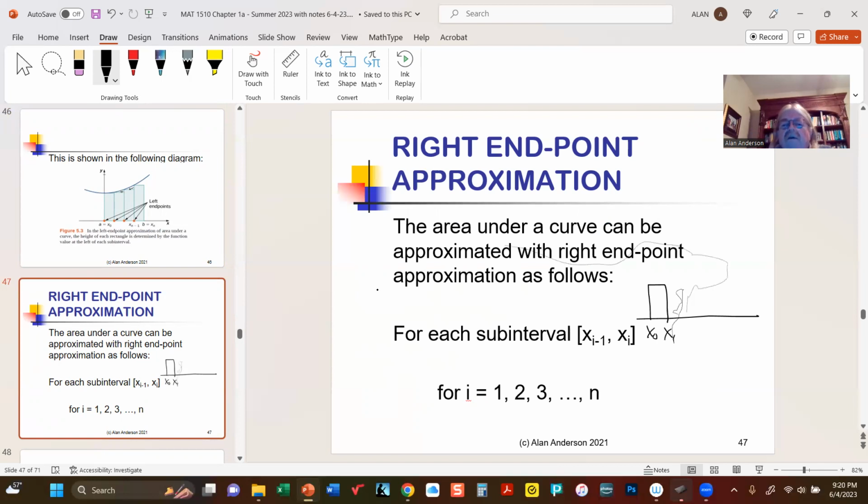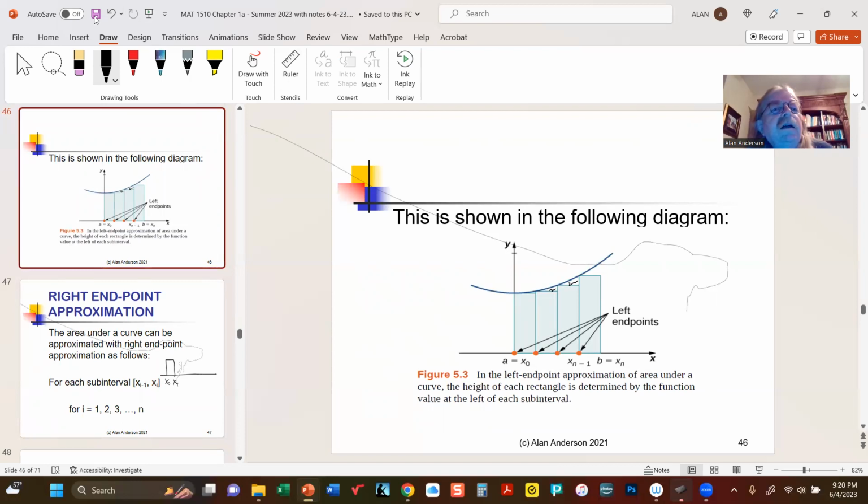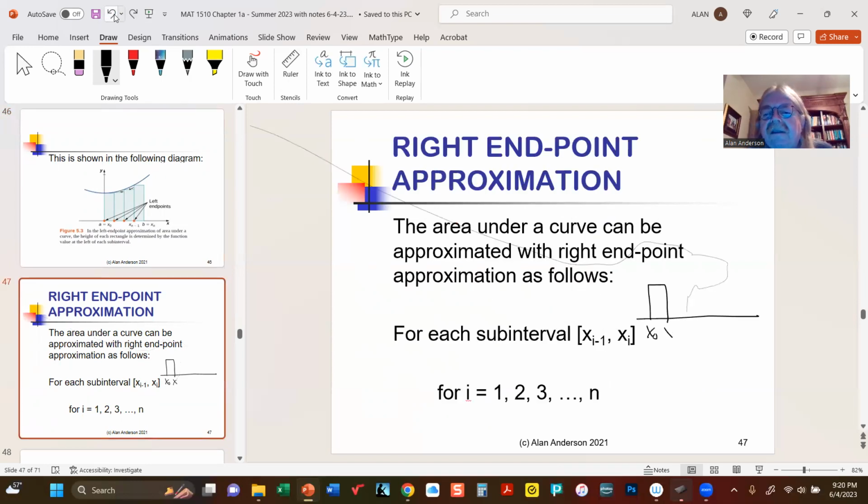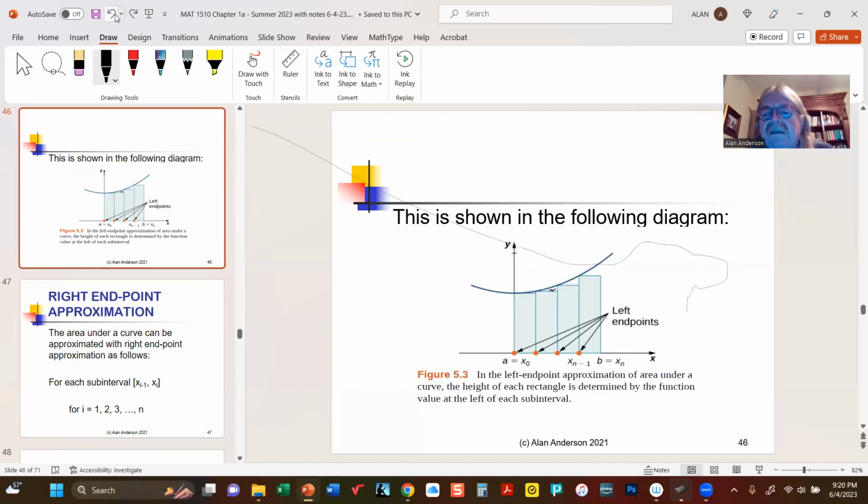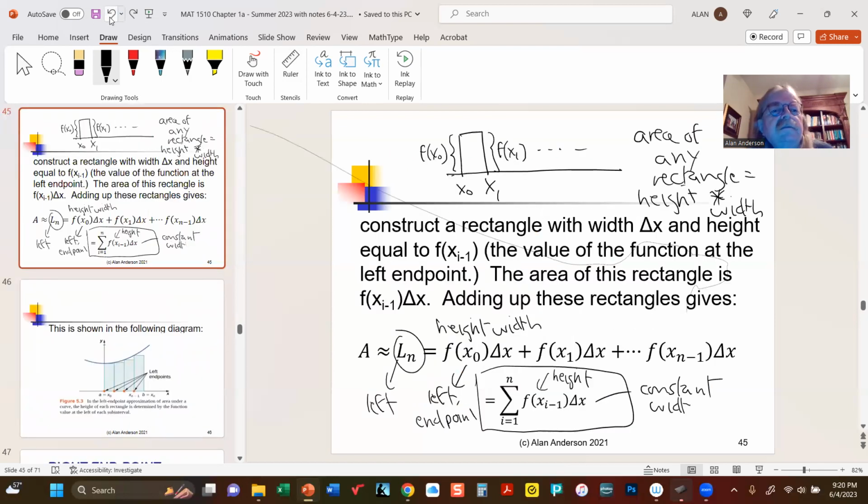So this, oh, hold on. Sometimes this tablet pen is a little annoying. This thing made a mess.